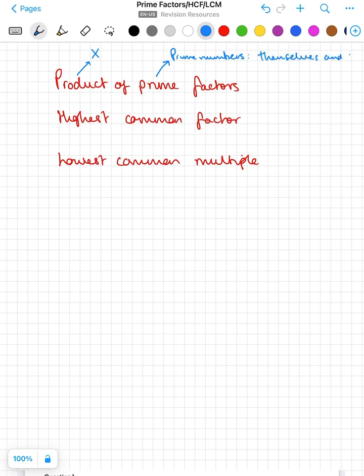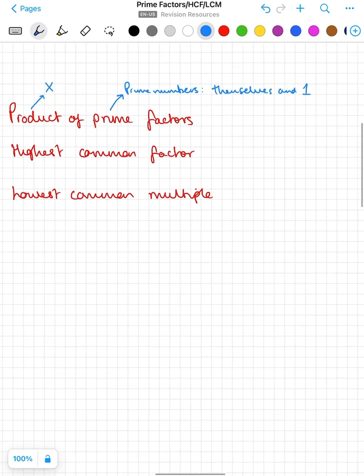A lot of people have a misconception about prime numbers, that they are just odd numbers, but that is not the case, so be very careful. And the factors are numbers that can be divided into that particular number.